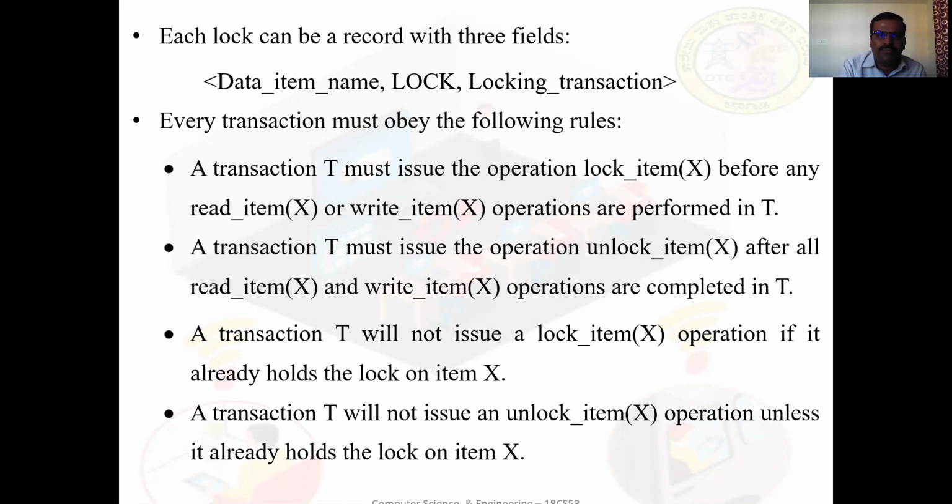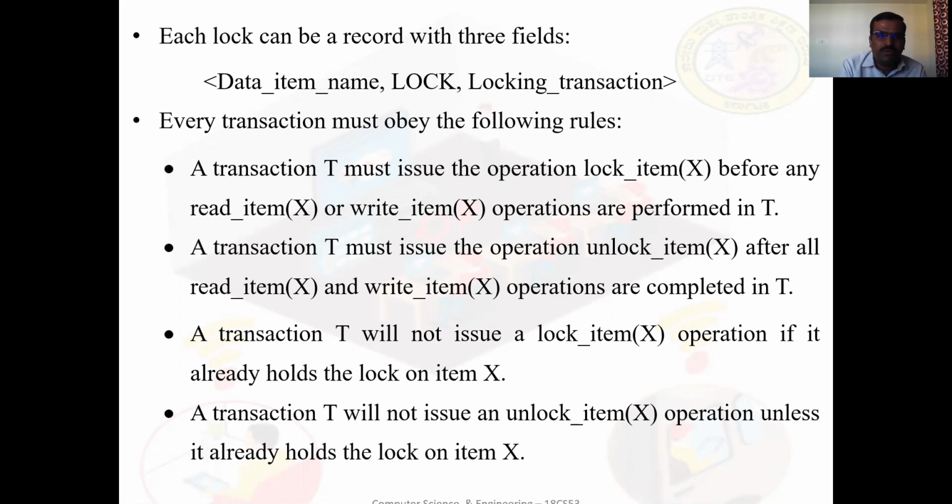Third rule: a transaction T will not issue a lock_item(X) operation if it already holds the lock on item X. If it already holds the lock on item X, then there is no need to issue another lock.